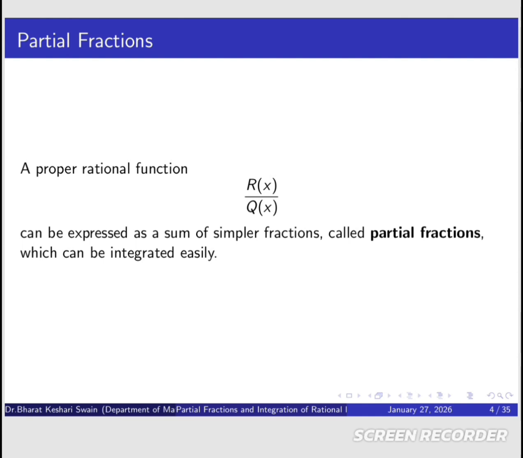If we have a proper rational function, then how can we write this function as a sum of simpler fractions?